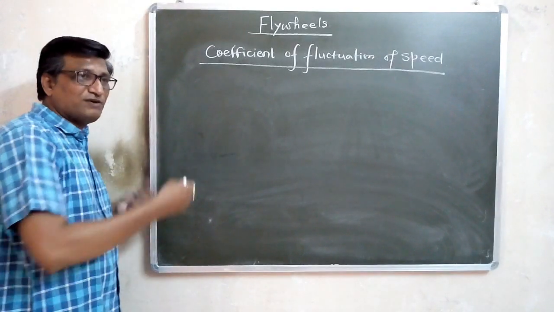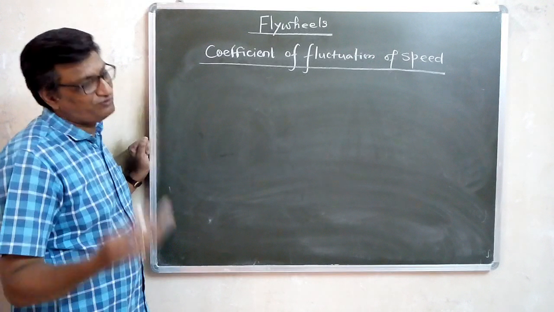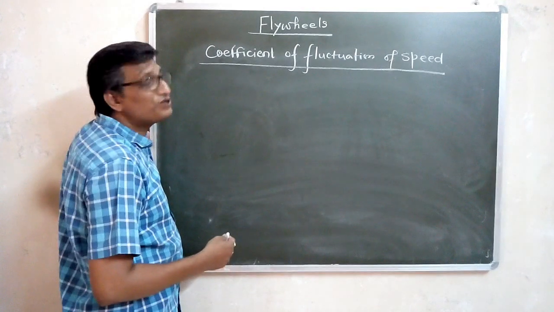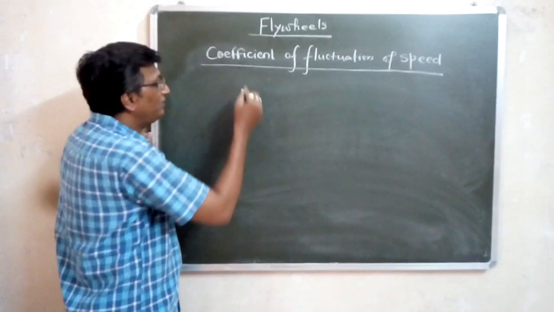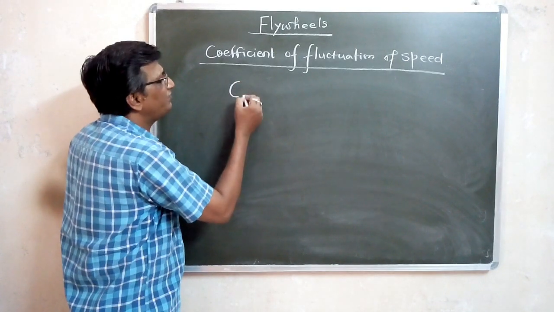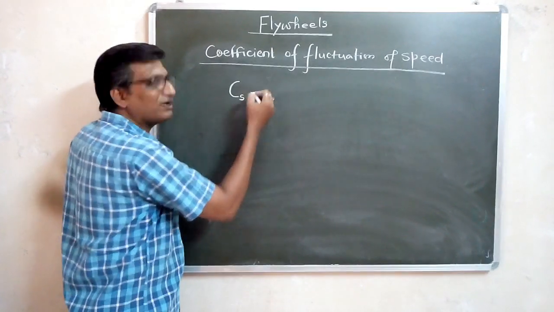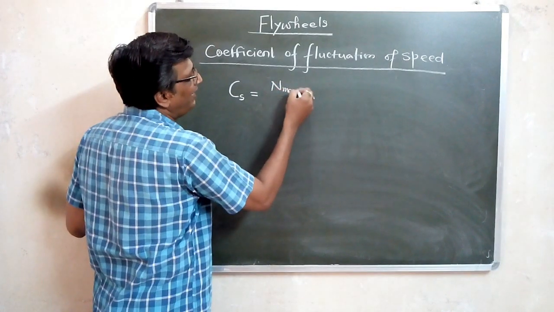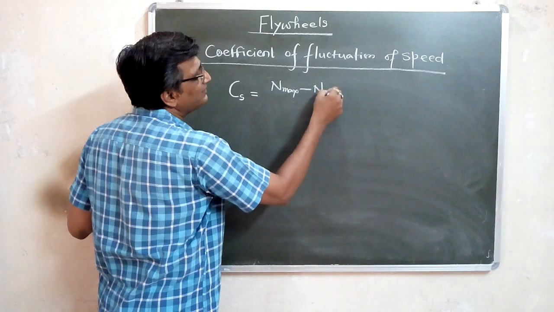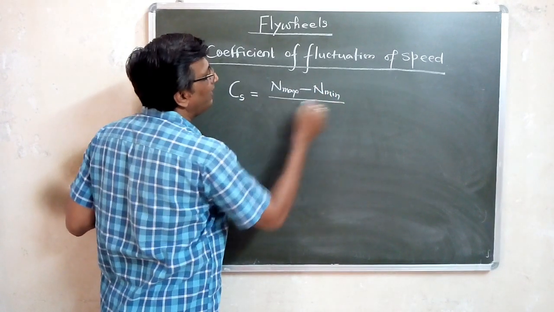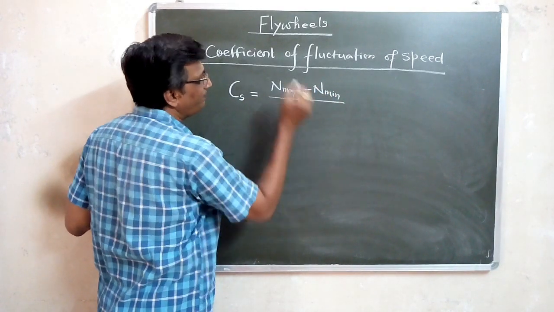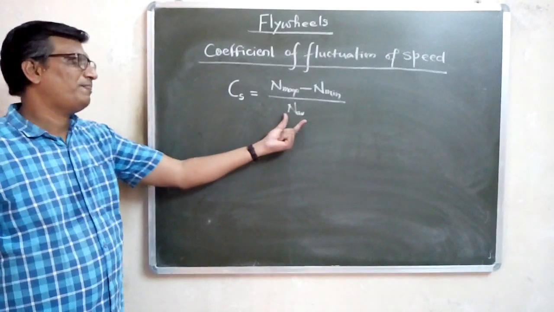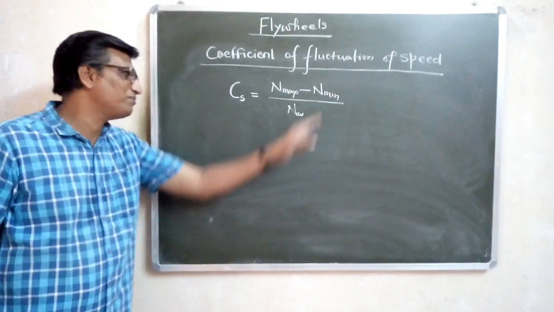Okay, so one time we are having maximum, one time you are having minimum, like that. So how can this coefficient of fluctuation of speed be calculated? Coefficient of fluctuation of speed is generally denoted by Cs and can be calculated as Nmax minus Nmin divided by N average, or N mean. This mean is different, this mean is different, this is smaller.